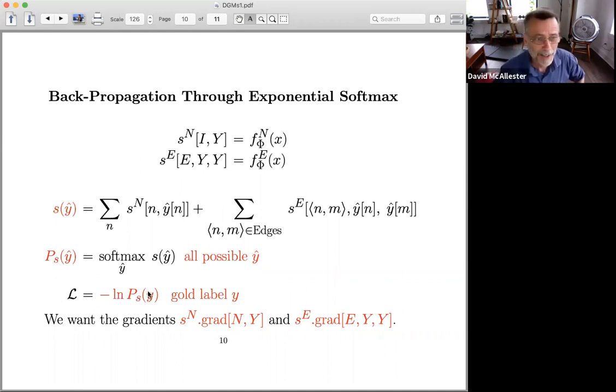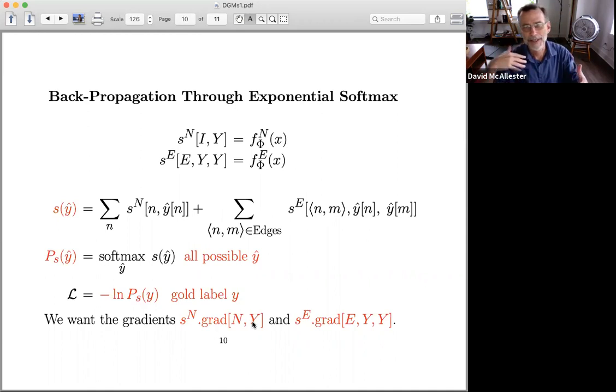And in particular, we would like to be able to take this loss, which we can't even compute because we can't really compute this probability because we can't compute Z. But nonetheless, we would like to get the gradient of this loss with respect to these tensors, so that I could backpropagate that back through the neural network that produced these tensors.